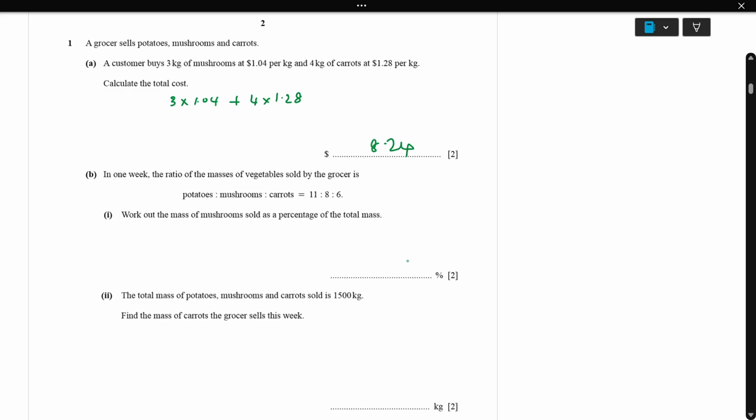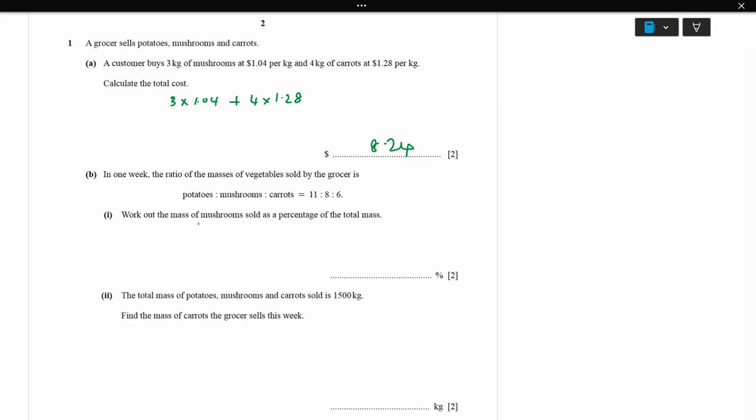Okay, the next question. In 1 week, the ratio of the mass of vegetables sold by the grocer, potato to mushroom to carrot, is 11:8:6. Work out the mass of mushroom sold as a percentage of the total mass.